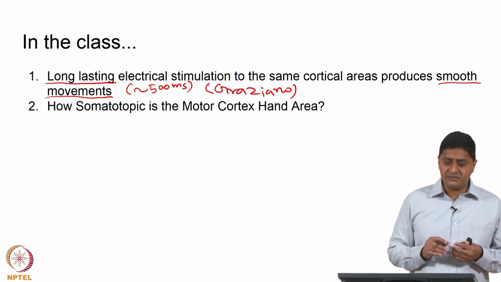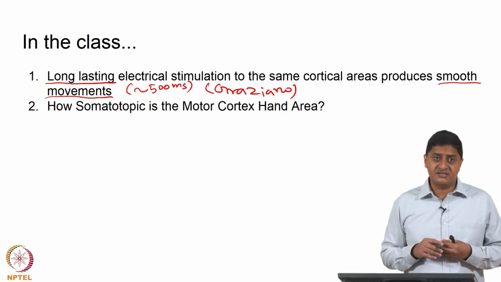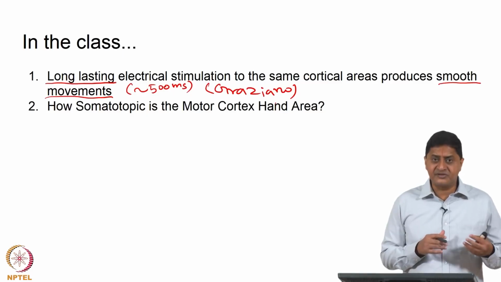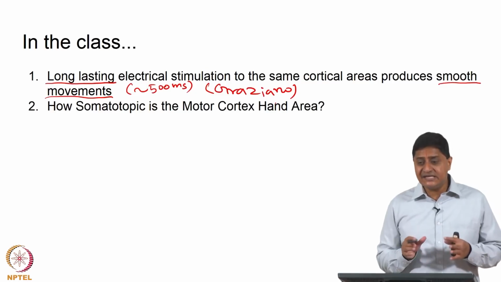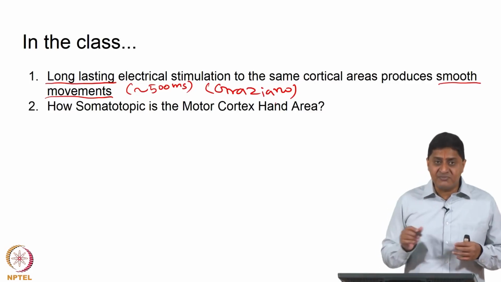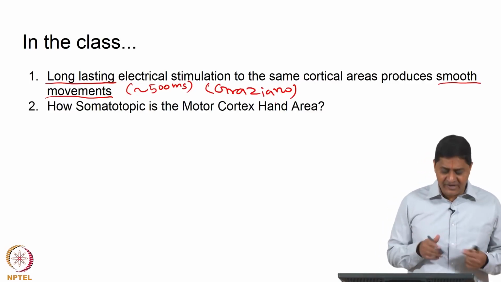We said that this map is representative of the proportion of neurons that control movements of specific parts, but there are not necessarily strict boundaries between these areas. This is something that we said from the work of Wilder Penfield and colleagues.